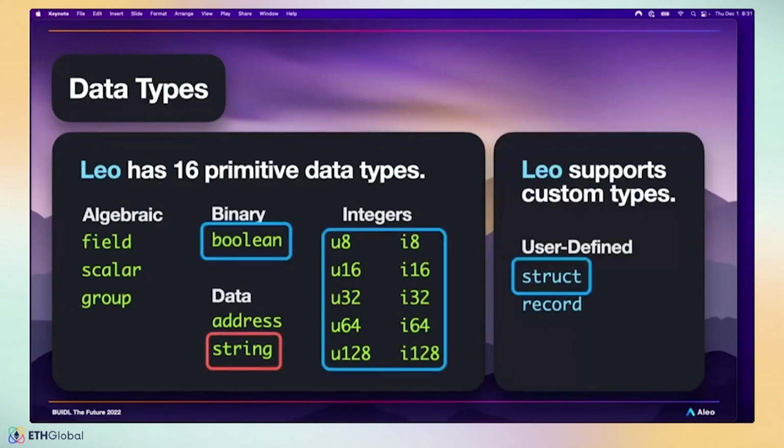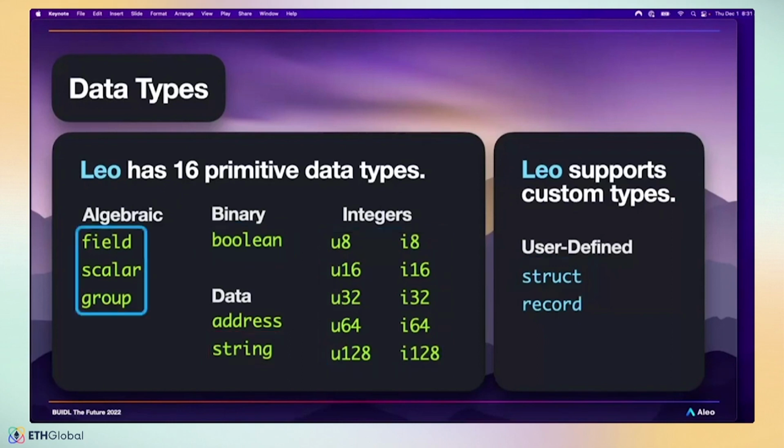Now, some of these might be familiar coming from other programming languages. You have Booleans, you have integers, you have structs. You also have strings, but the orange shading here indicates that strings have a limited set of functionality. We're building upon this, but there are some subtle details in making sure strings work safely in SNARK constructions.